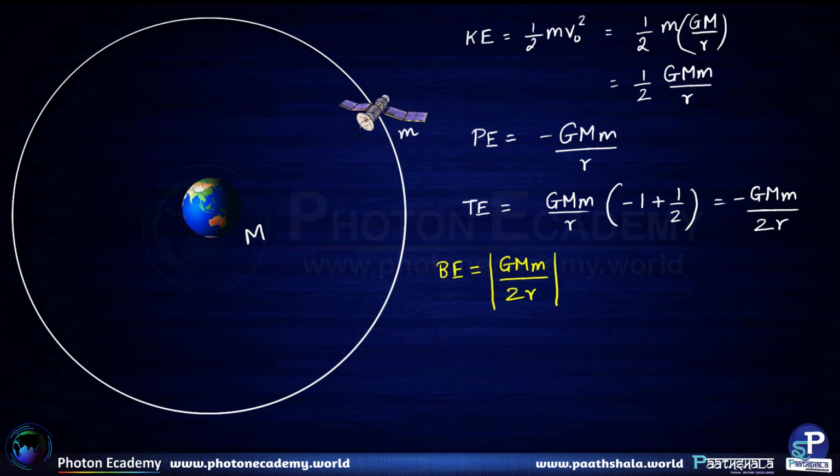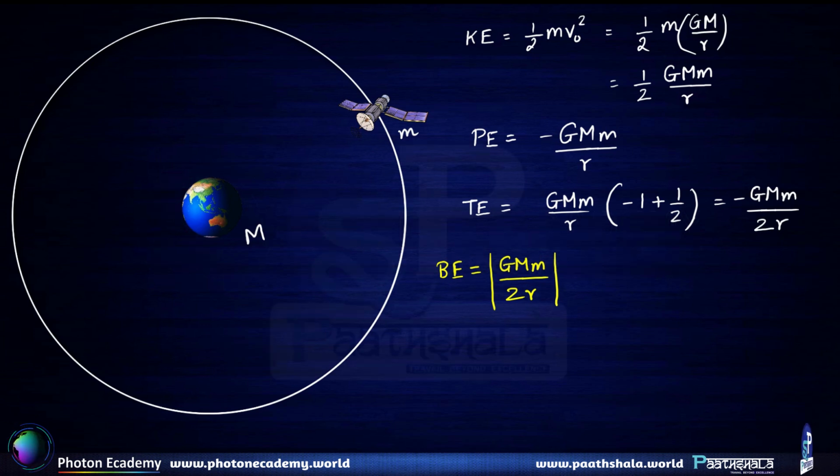Because at infinity, zero energy means zero kinetic energy as well as zero potential energy. So here, this quantity GMm upon 2r is called the binding energy of the satellite.